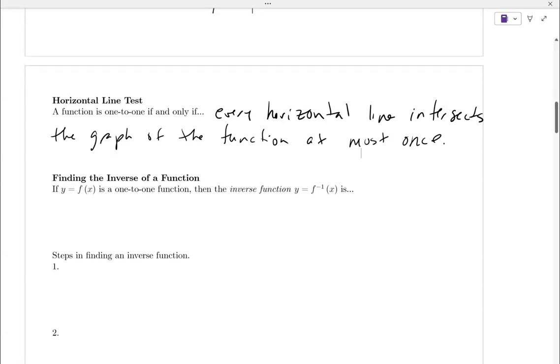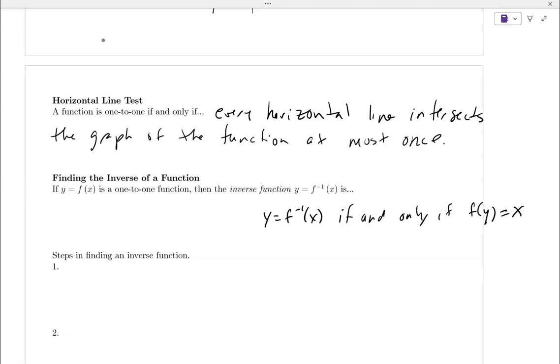So when we define the inverse function, it's defined as y equals f inverse of x, and I'll talk about this notation here in a second, if and only if f of y is equal to x. So this is how we define the inverse function.